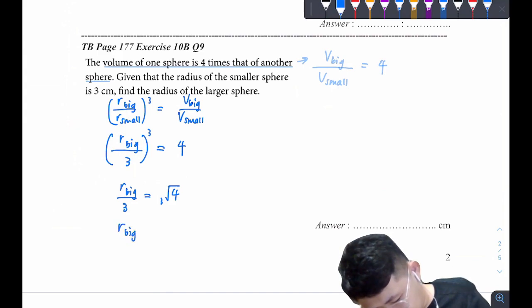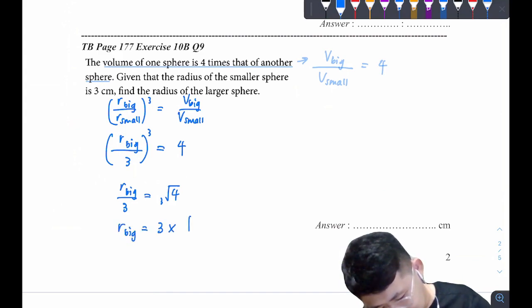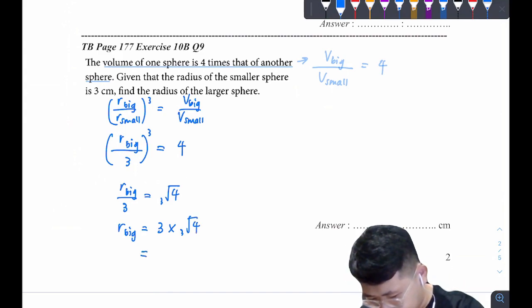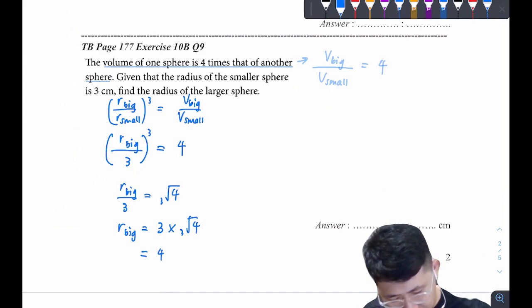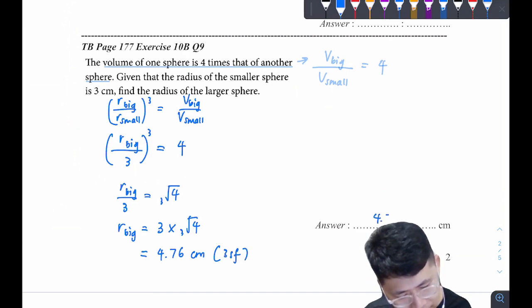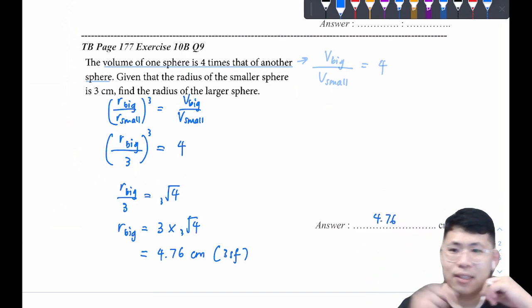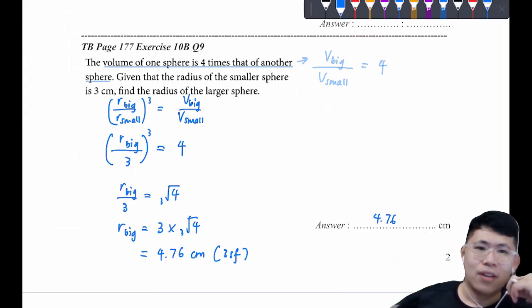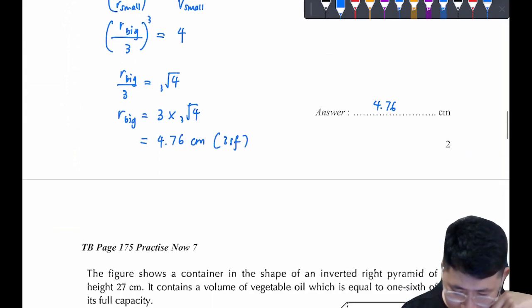So the big radius is 3 times the cube root of 4, which is 4.76 cm to 3 SF. Sadly, there are no nice numbers to this. So this is how we settle this one.